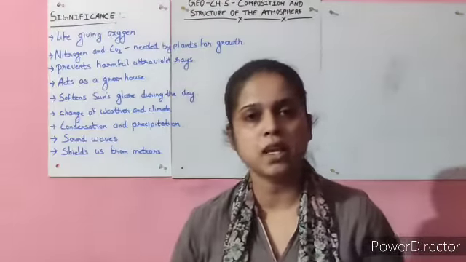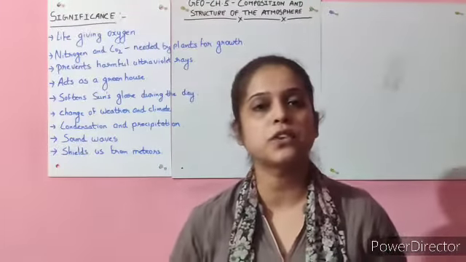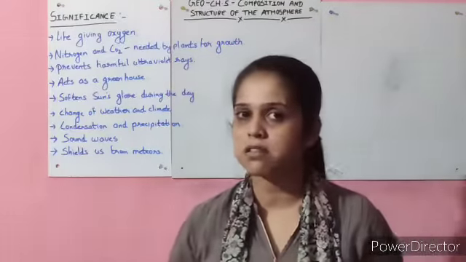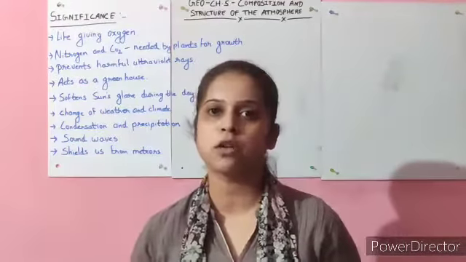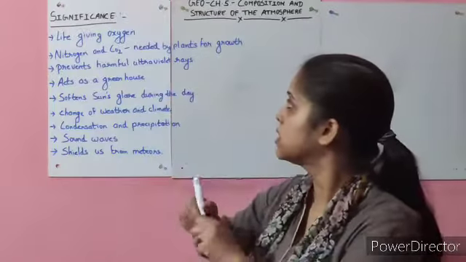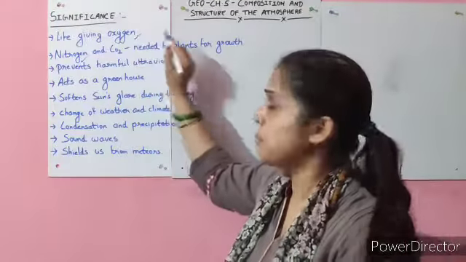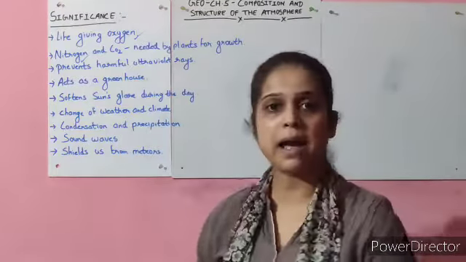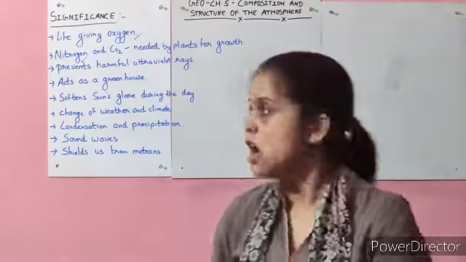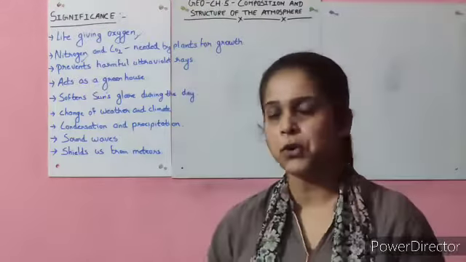If you recall my second video on composition, I told you there are two main gases which are present in the atmosphere. Which are those two gases? Oxygen and nitrogen. Oxygen by us, nitrogen by plants. Clear? So I think these two importance are clear with you.